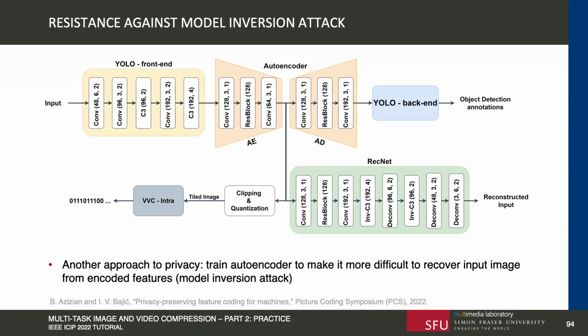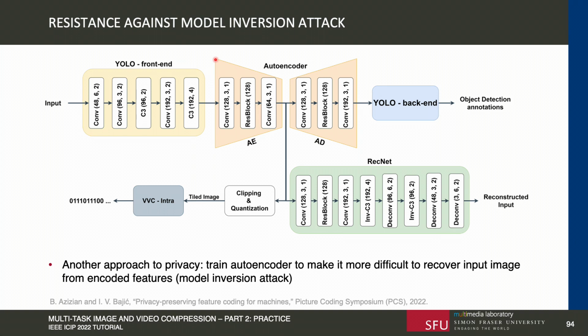So another privacy strategy would be to improve the resistance against model inversion attacks. And one way to do that is to develop an autoencoder whose purpose would be to retain information in the features necessary for accomplishing the task while removing information that's needed for input reconstruction. So here's one example, starting with a pre-trained YOLO backbone.